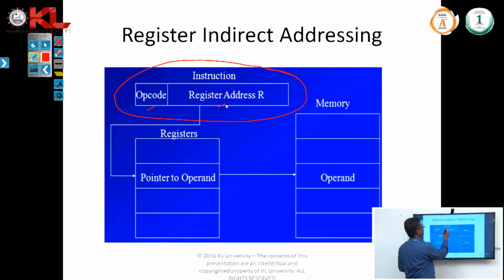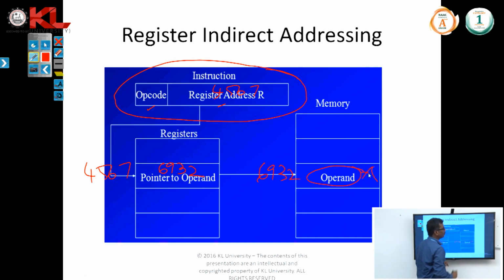For example, let us say it is 4567, and something like 6932. That means if the CPU refers to this particular register location, it refers to another location 6932 to locate the actual operand A or actual data.